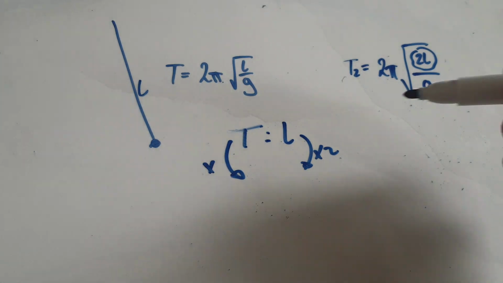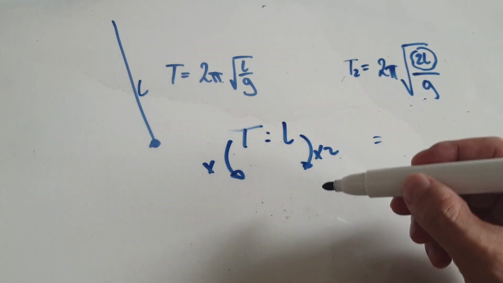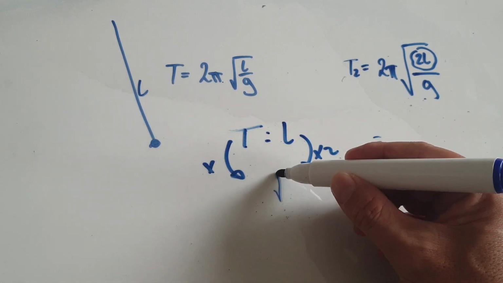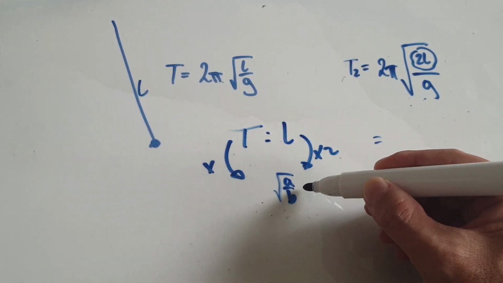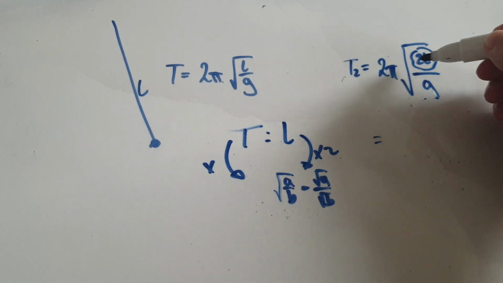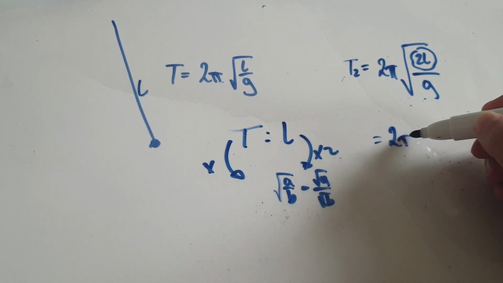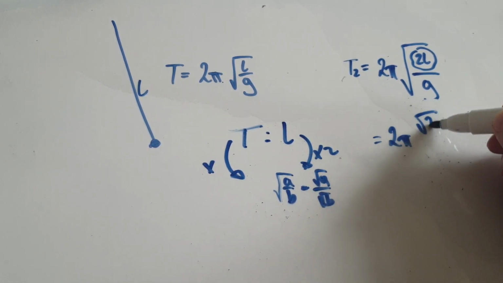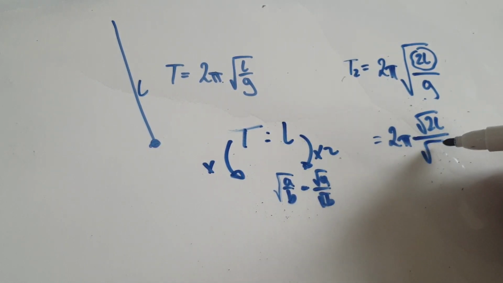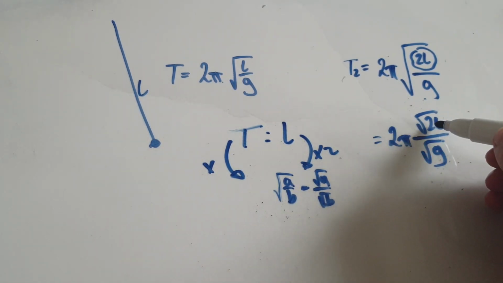So using algebra, remember root a over b is the same as root a over root b. So I can square root the top and I can square root the bottom. So that would be 2 pi, square root the top, and then square root the bottom. And then basically I'm trying to extract this 2 here.